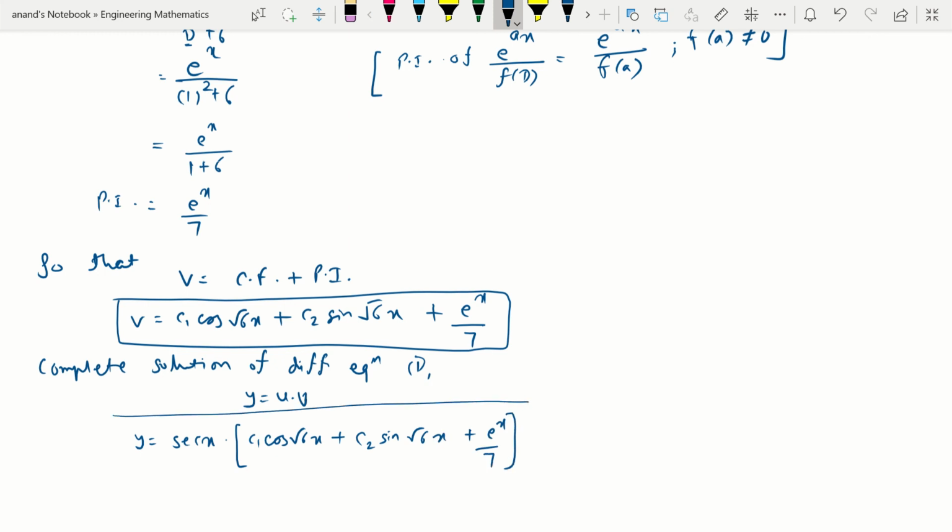So this is the complete solution of the differential equation which was given to us. This is the required solution.